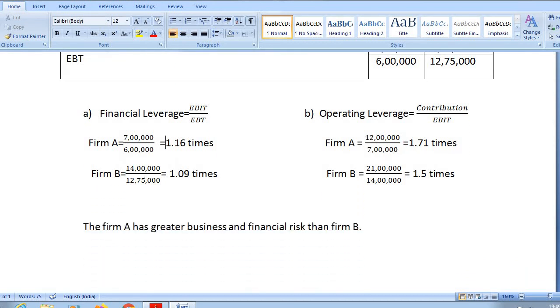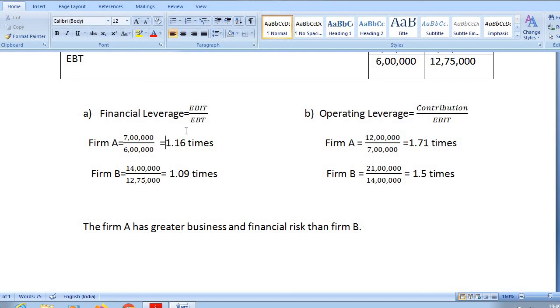Now we need to interpret the results. Whichever firm has the highest values when it comes to leverages. So see here, firm A has greater business and financial risk than firm B. Why?